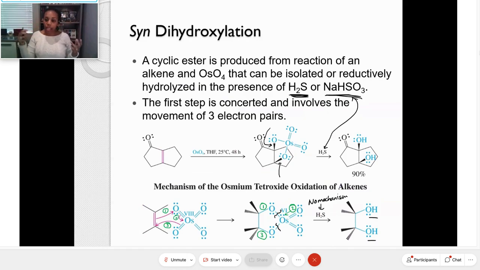Think about ring strain. It's better to make a ring where both of the bonds are on the same side than trying to have one here and one down here. That doesn't make any sense. So we have our 3 arrows that we draw, and we get this cyclic intermediate, but this is a concerted reaction. We still get a vicinal diol, but it is a syn addition product.